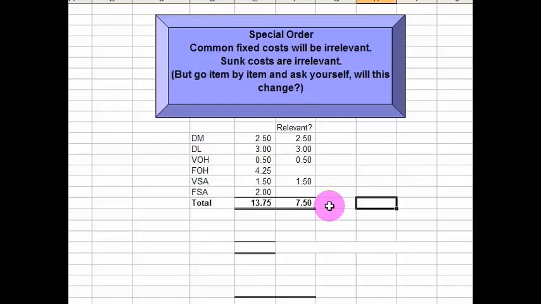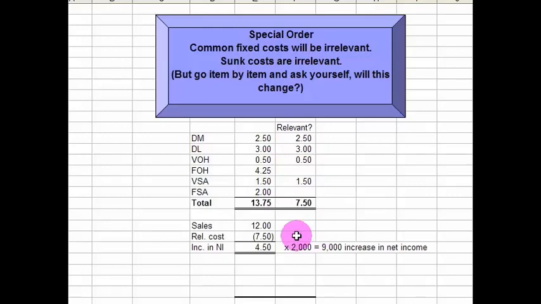Now we have to finish the problem. We still need to determine by how much their monthly profit is going to increase if they sell this extra 2,000 units for $12 each. It's pretty easy. Here's how you do it. The special order selling price is only $12 a unit. It's less than their regular $15 selling price. You compare that to only the relevant cost of producing each incremental unit over their normal production.